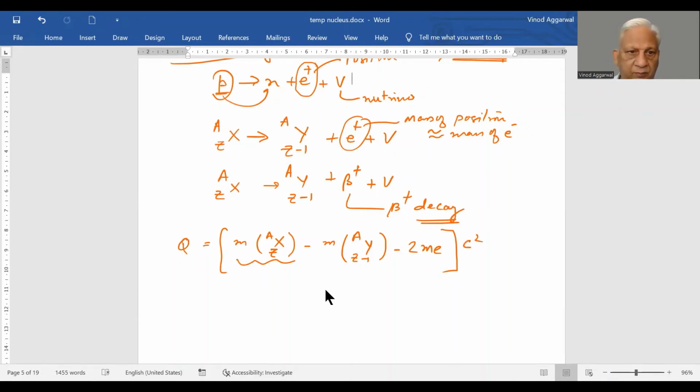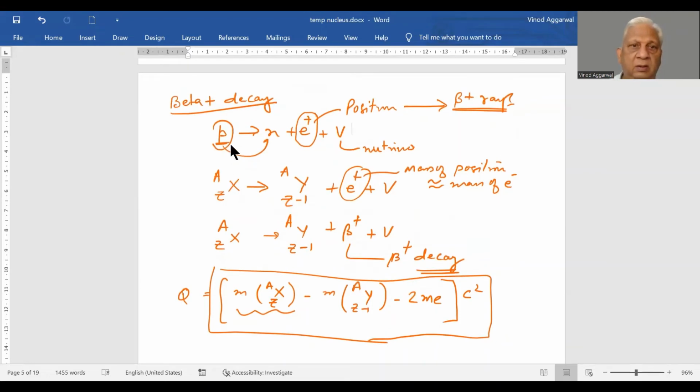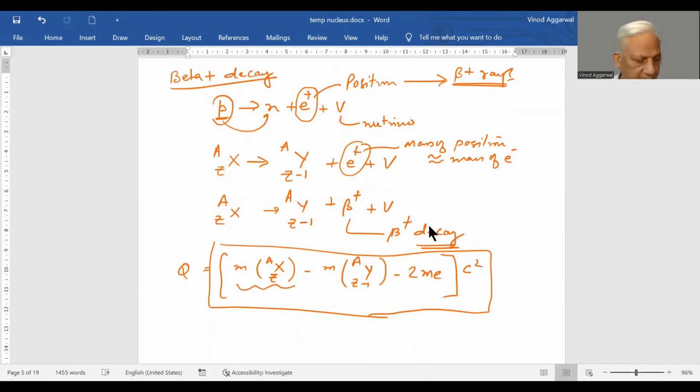So this much energy will be released when any element loses its proton to become a neutron. And this results in a beta plus decay.